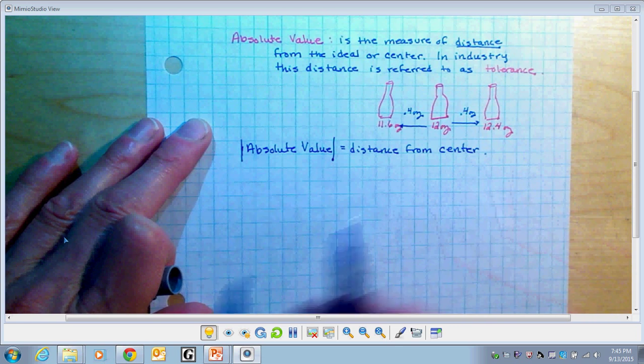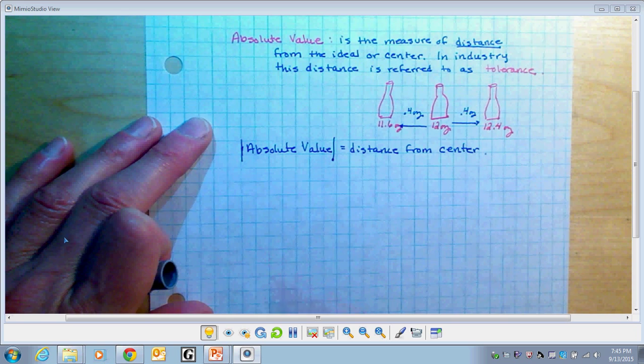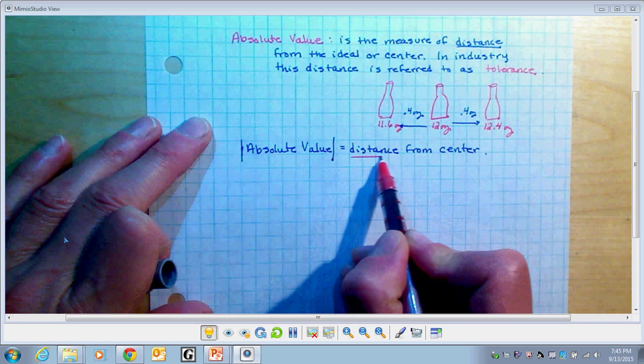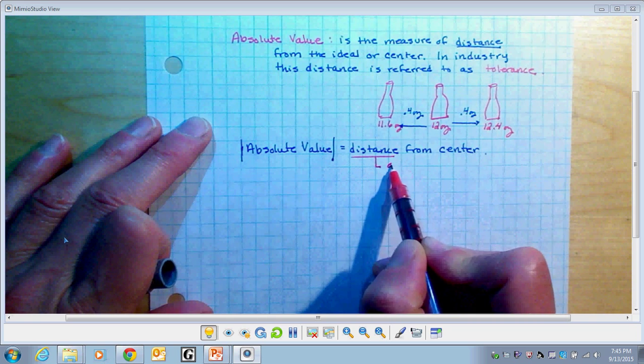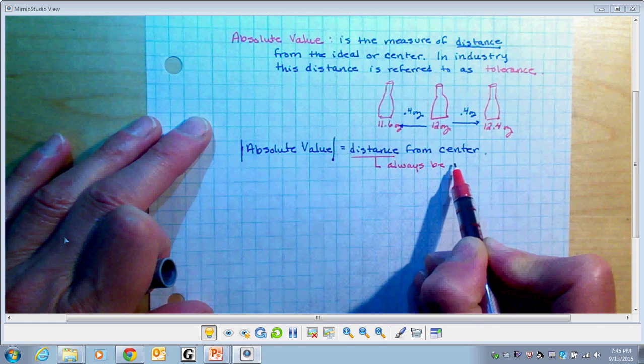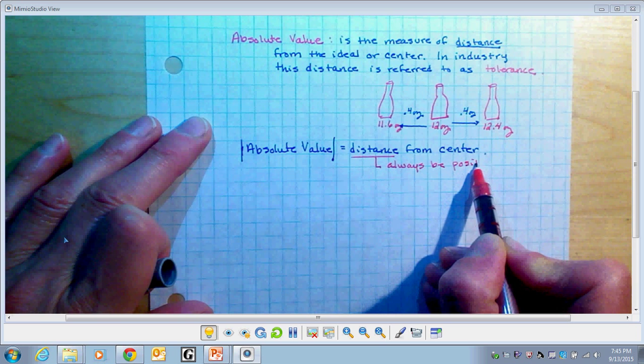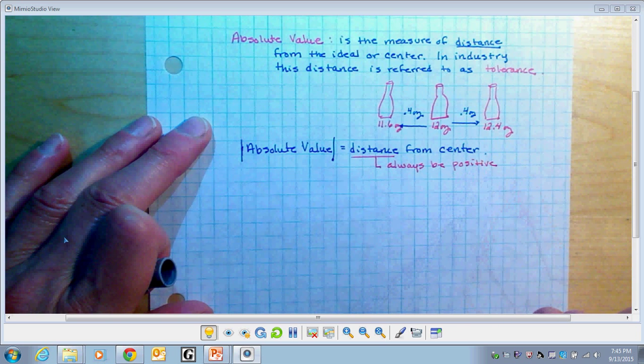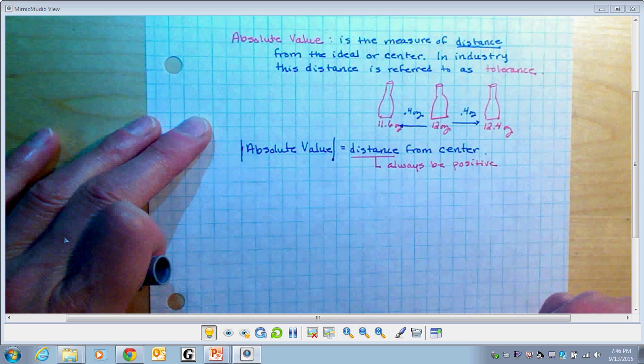So distance is always positive, isn't it? So when we think of distance, distance has to always be positive. I cannot walk -2 feet. So my distance is always positive.